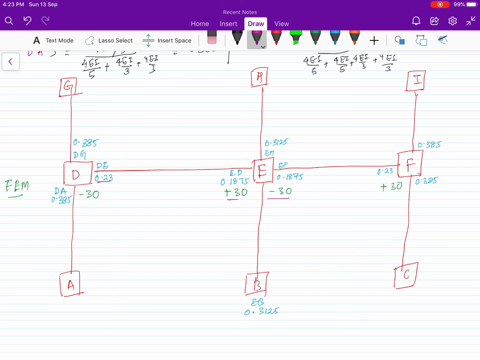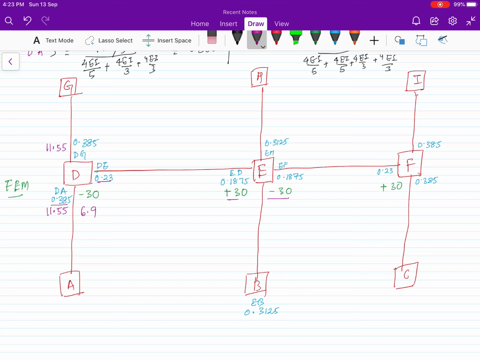If you multiply 30 into 0.23, 6.9. As the sign is minus 30, we will put a plus 6.9. So for the column DA, 30 into 0.385, this distribution factor, we are getting 11.55. As distribution factor is same here, for this column also 11.55. So these are plus. Now if you add all minus 30 plus 11.55 plus 11.55 plus 6.9, it will come 0. So there is no unbalanced moment.